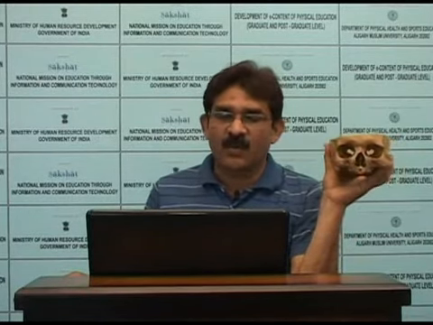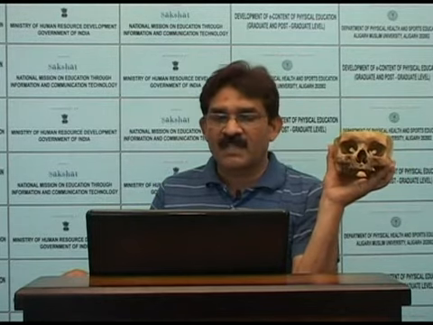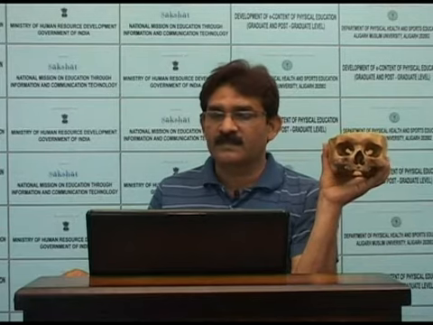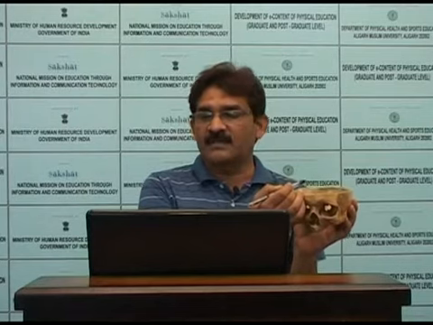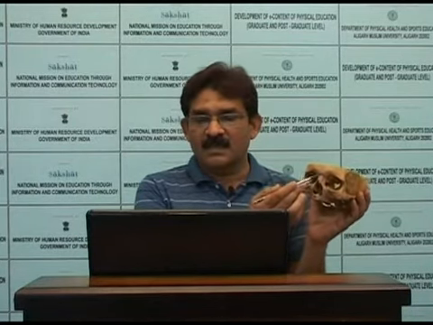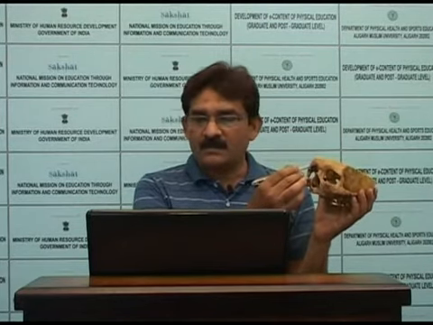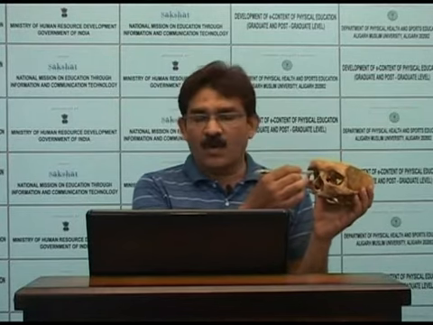The squamous flat portion of the frontal bone forms the skeleton of the forehead. This is the glabella, and the nasion. This is the orbital portion.